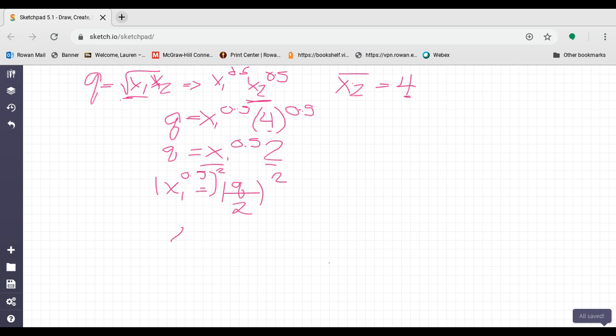That would leave us with just x1 on the left. And then we can just write Q over 2 squared, or you can put the square in here. It'd be Q squared over 4. Either way is fine.